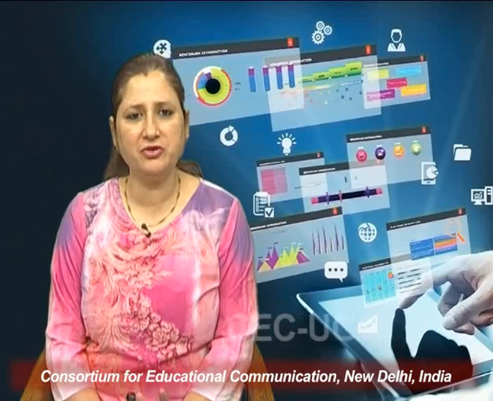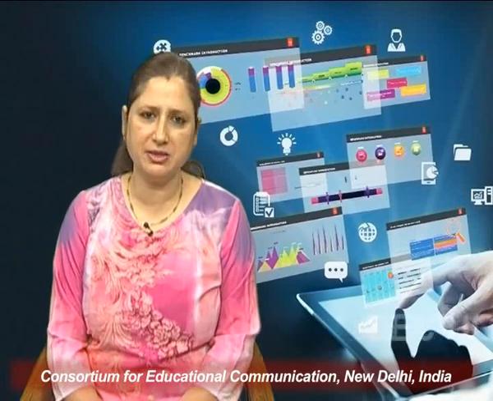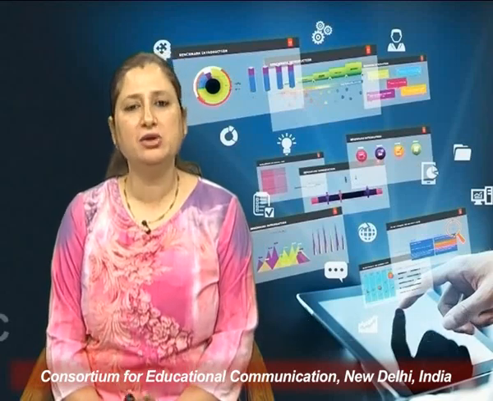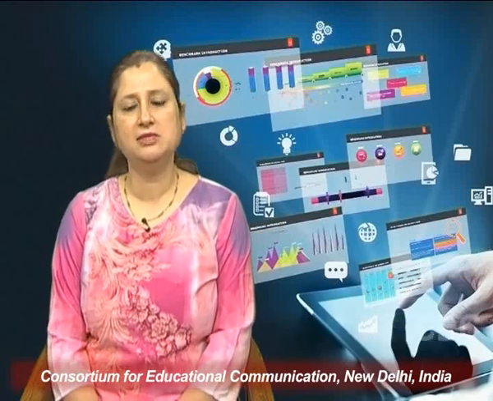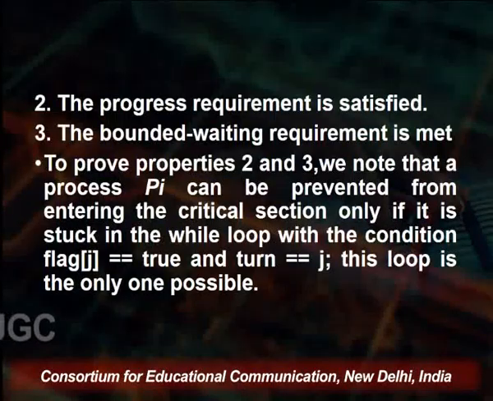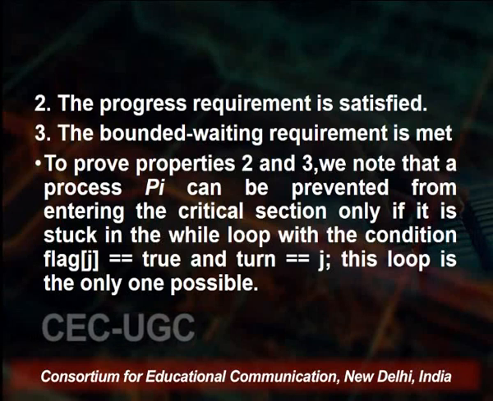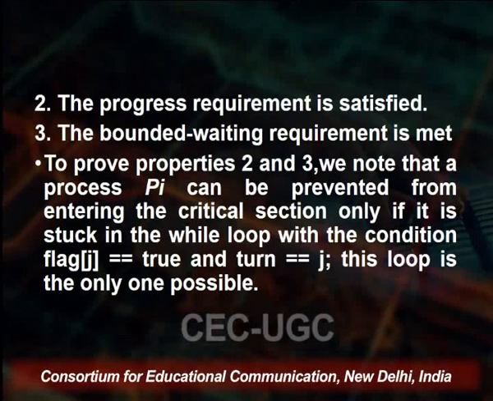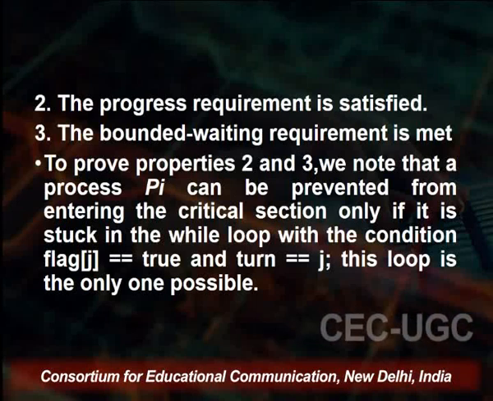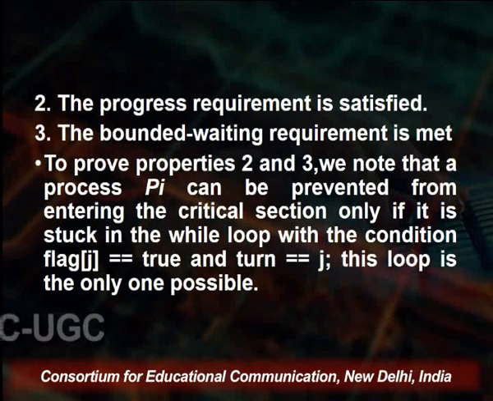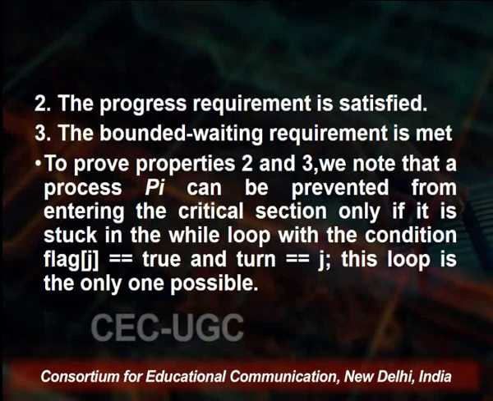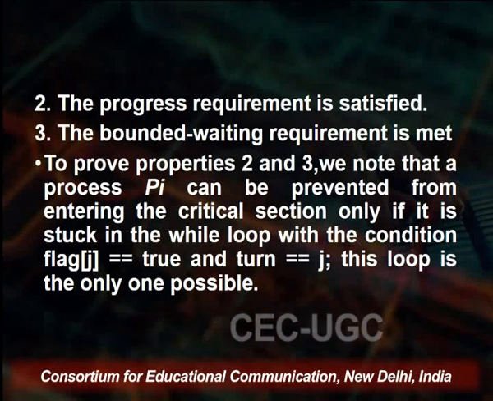So the first condition is met by Peterson's solution: only one process will be executing its critical section at a given time. Now we look at the two other requirements. The progress requirement: if no process is executing its critical section, then another process can be given the chance.